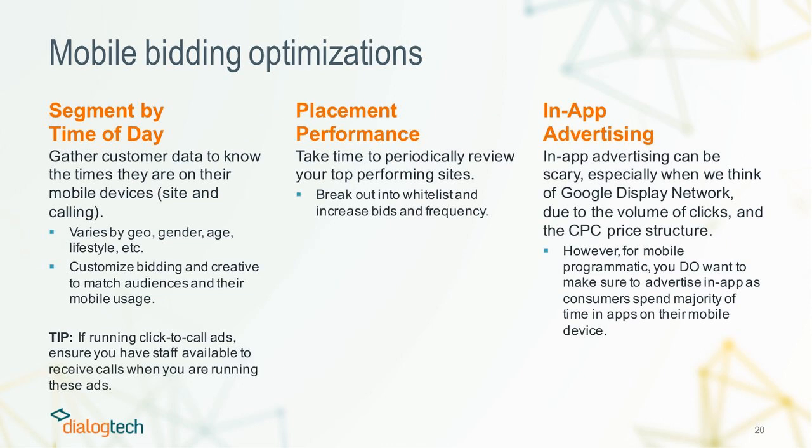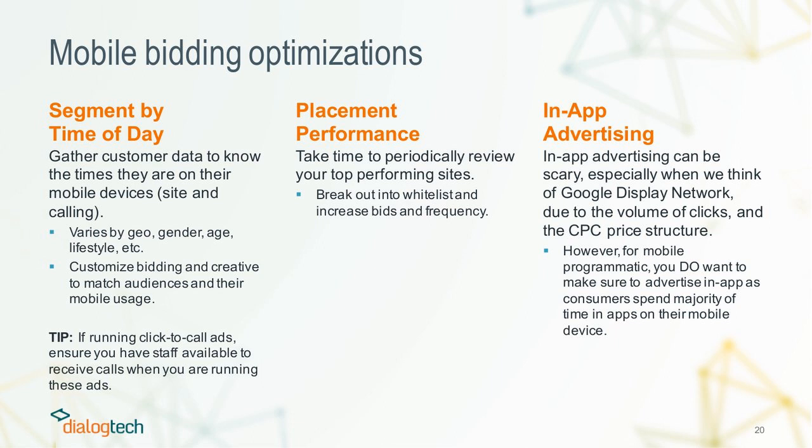Some mobile bidding optimization. So we have an audience now, and how are we going to capitalize on that audience? Well, there are a lot of different ways that you can optimize your mobile bidding. A lot of that's by understanding your customer data so that you can segment and bid up and down according to the time of day that they are using their mobile device.